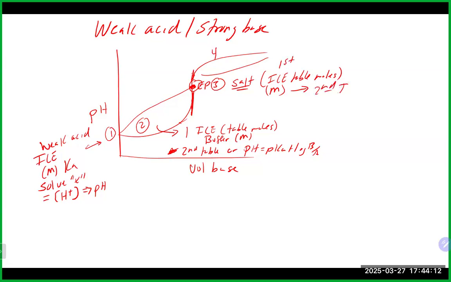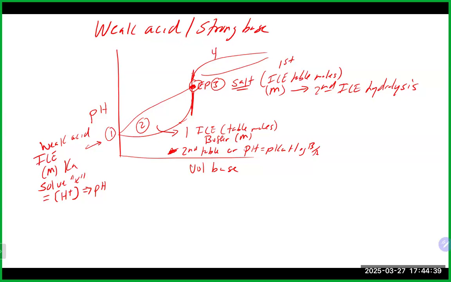And this will be a hydrolysis type of ice table. That is because that salt came from a weak acid, which means it will react with water. It's going to react as a base, which means it's going to grab an H plus from water. That's going to produce some hydroxide. And that's why we expect in this type of titration our equivalence point to be basic, because we have that salt producing hydroxide at this point.